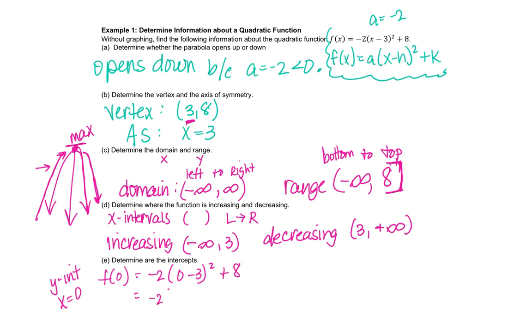So negative 2 times negative 3 squared plus 8. Negative 3 squared is 9, and 9 times negative 2 is negative 18. Negative 18 plus 8 is negative 10. So (0, negative 10) is my y-intercept.